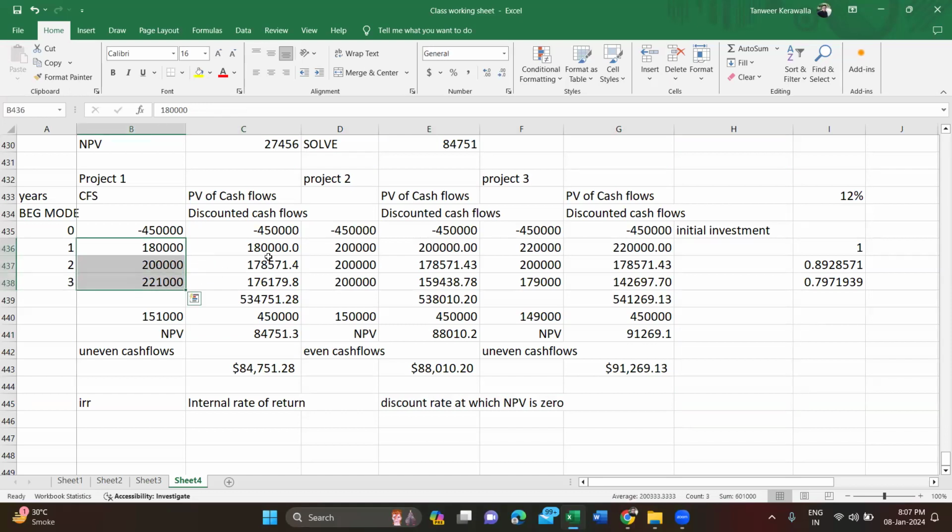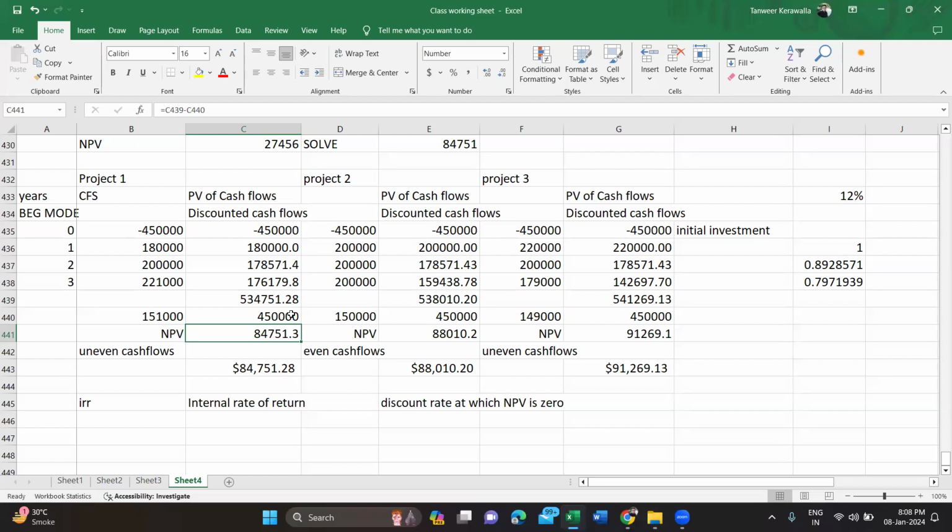I converted them into today's figures and then compared them with today's investment to get the actual profit I'm making in today's purchasing power, as per today's value of money, not tomorrow's. So as per today's value of money, I am gaining 84,000. So what's the rate of that return? That is normally what we use the IRR formula for.